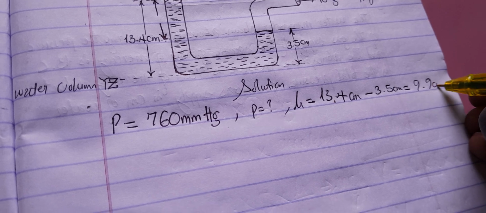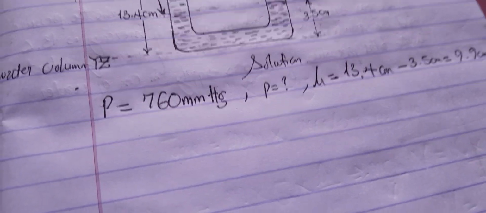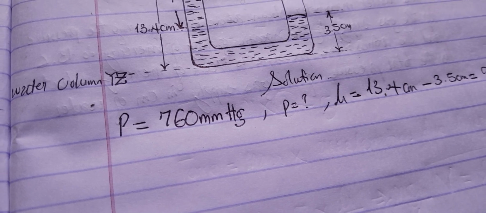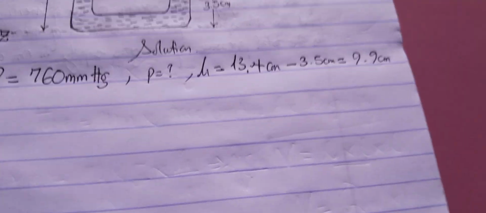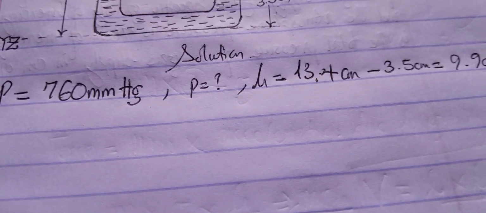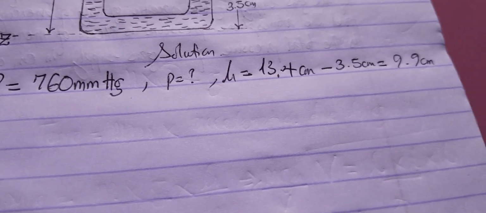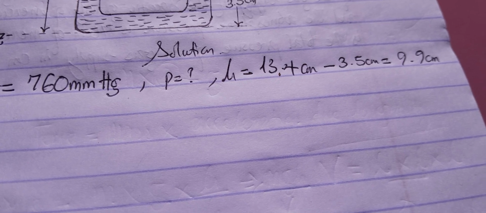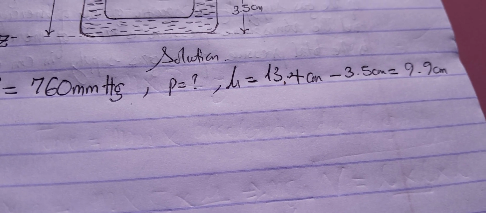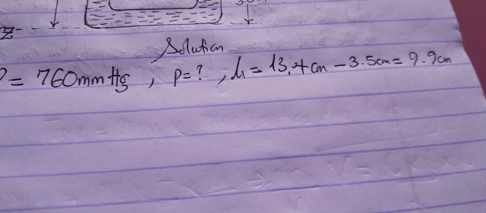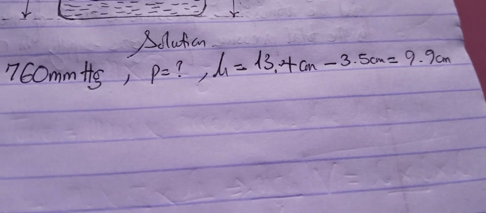9.9 centimeter. Now, in physics, we need to pay attention to units. It's very, very important. Now we have centimeter and we have millimeter. We can't operate with these until the units are the same. So we're having a prefix of milli and a prefix of centi.